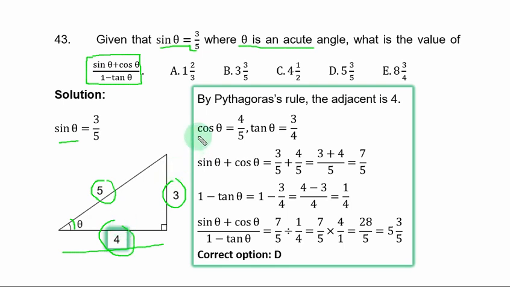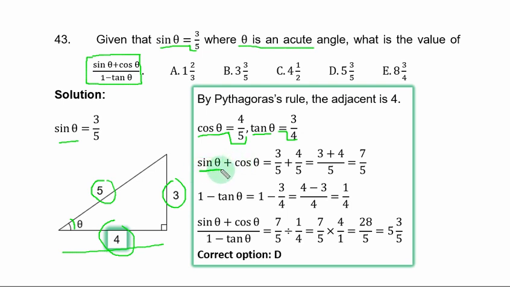Now let's get cos theta. Cos theta is adjacent over hypotenuse, that is 4 over 5. Tan theta is opposite over adjacent, that is 3 over 4. Now let's get the numerator.